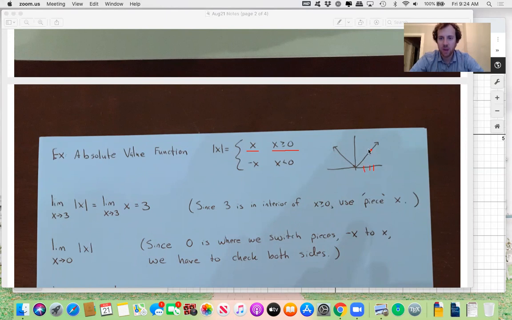This looks to be about height 3 right there. But what's important is this process of when you want to find limits of piecewise functions, you do it by picking the right piece and then just using that piece. However, you have to go about finding the limit of that.